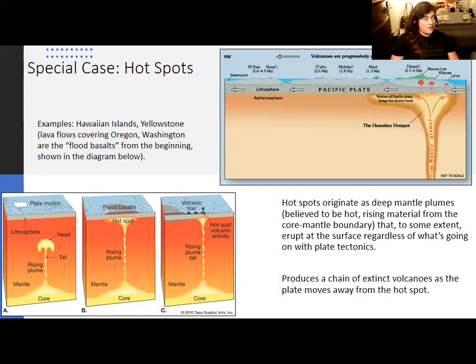And the Columbia River basalts, which are these large lava flows that cover large portions of those two states, are actually this flood basalt that you get when a hotspot first forms, when the plume first reaches the surface and you get a big outpouring of basalt. And you get the Columbia River basalts from that, and then there's a trail of volcanoes that extends from the Columbia River to what is now Yellowstone that can be tracked with how the North American plate has moved over that time, which is pretty cool.